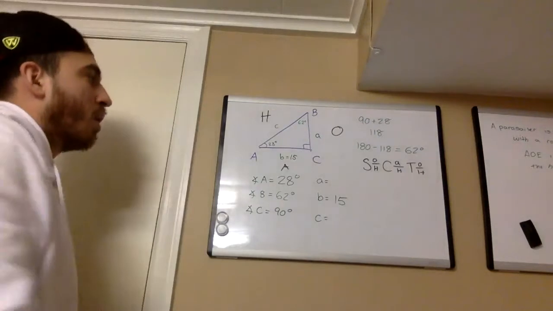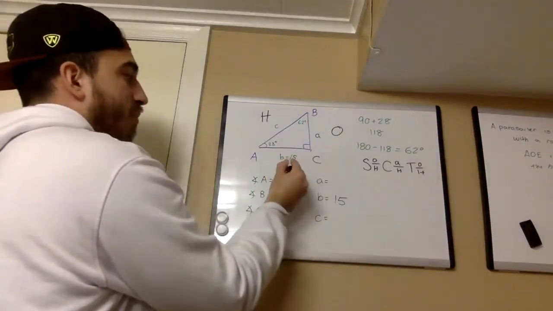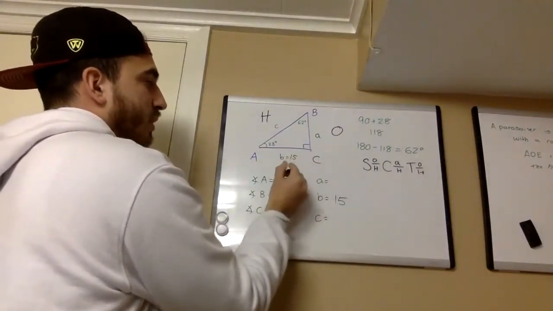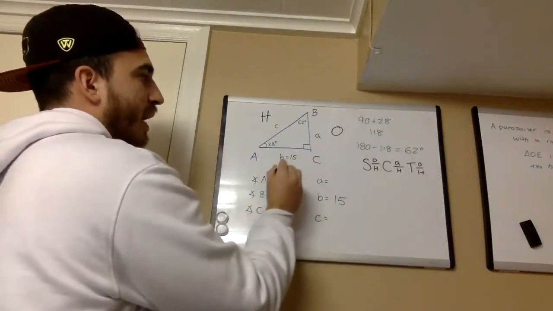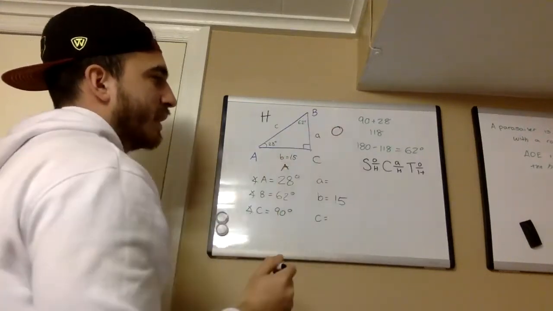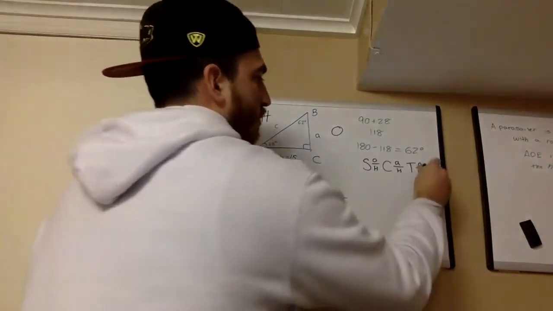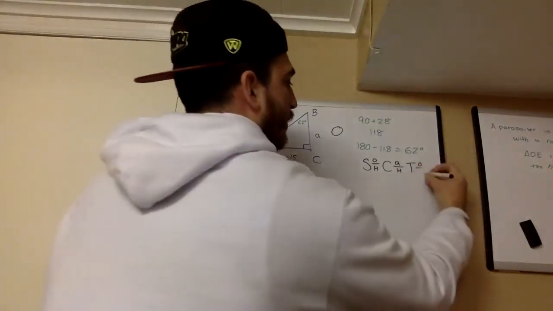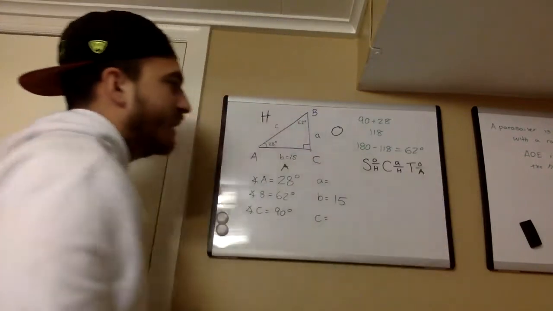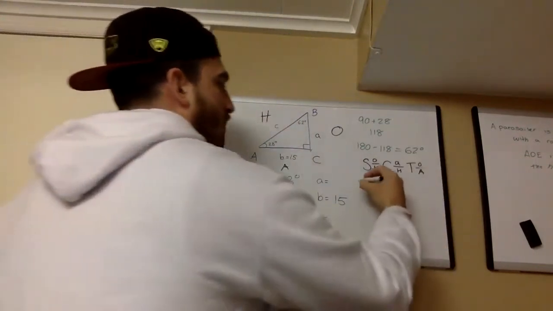So since we have b, I'm going to be making sure that I'm using my adjacent. So first I need to find my opposite. So the one that has adjacent and opposite, sorry, a little mistake, that should be an a, is going to be tangent. So now I'm just going to put everything in.